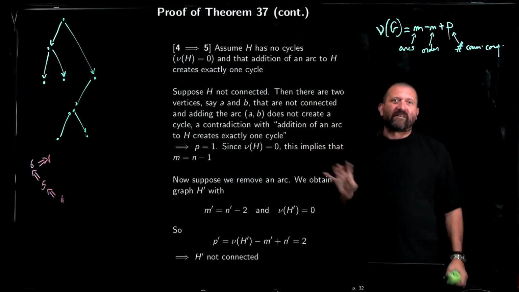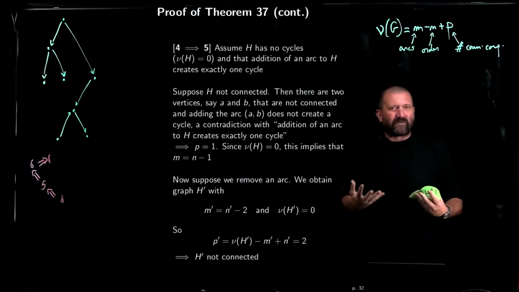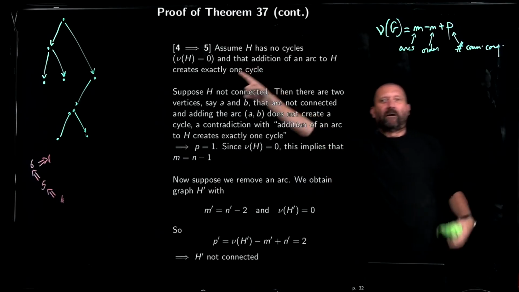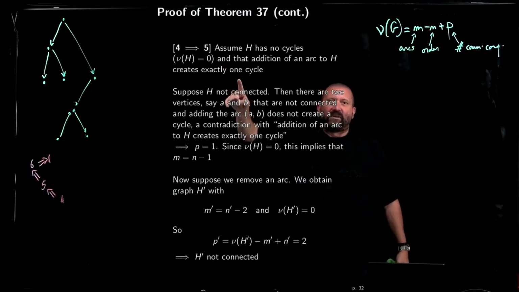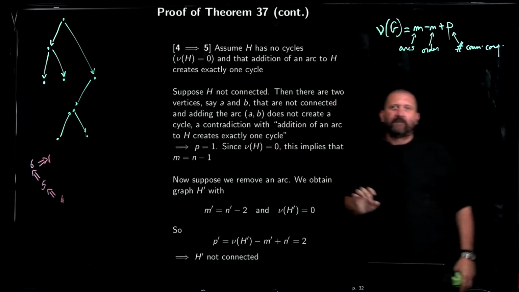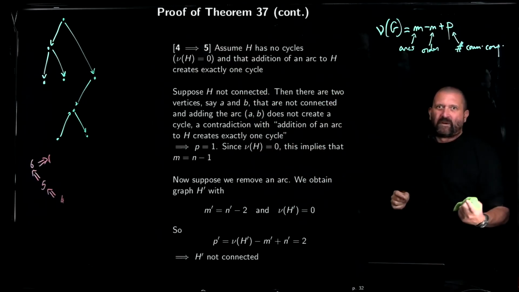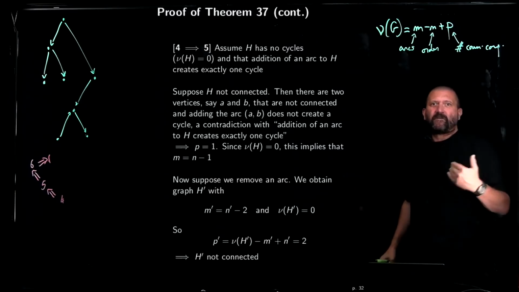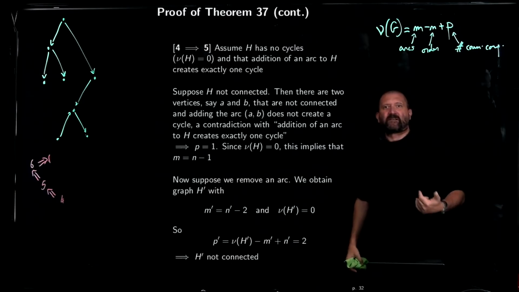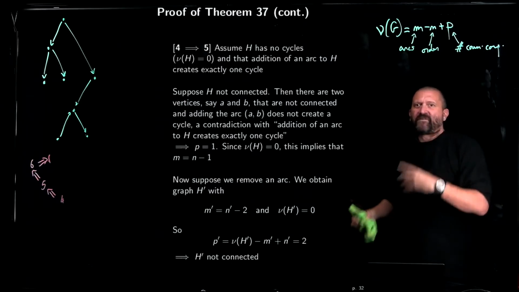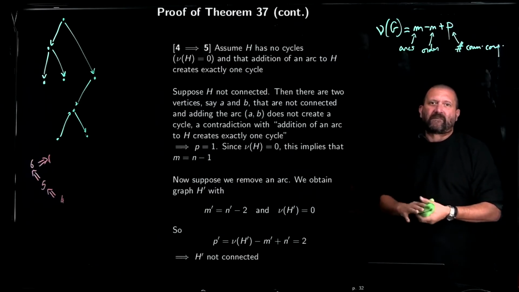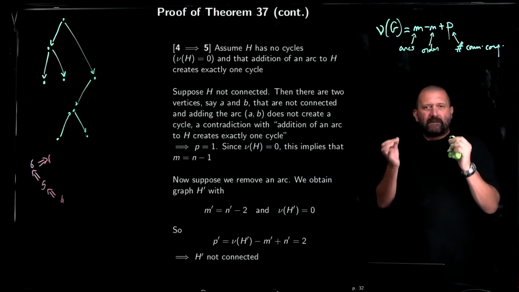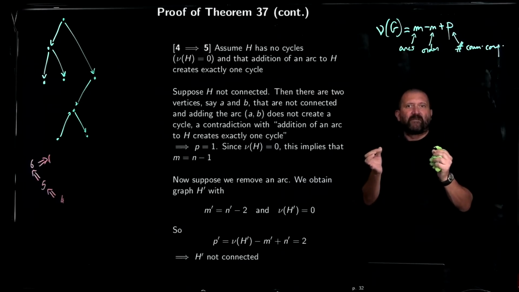So here I always start with the assumption, and this is simply saying what 4 is saying. So assume I have no cycles, so nu of H is equal to 0, and that addition of an arc to H creates exactly 1 cycle. So first, suppose that H is not connected. Then there are 2 vertices in this graph that are not connected.